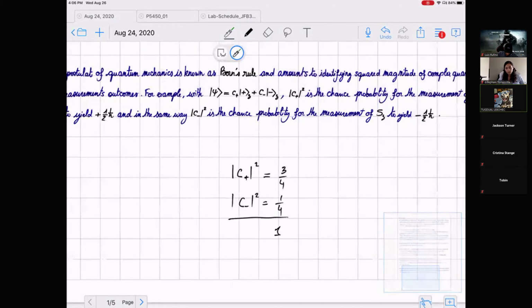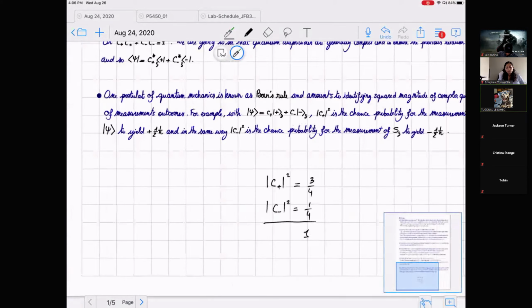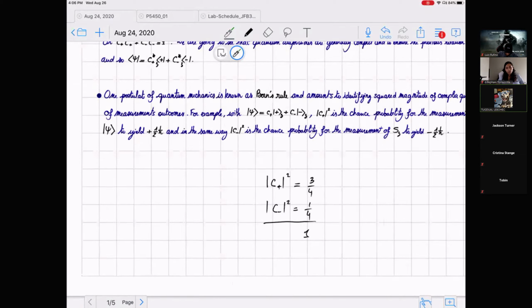There is another kind of postulate of quantum mechanics, which is that the state of both particles was still the same. The fact that you got different measurements doesn't mean that there was something preceding the measurement that was different between those two particles. Those two particles might very well have been the exact same state. Just at the time of the measurement, there was something truly random that happened, that led to the outcome of the measurement being plus h bar over 2 or minus h bar over 2.